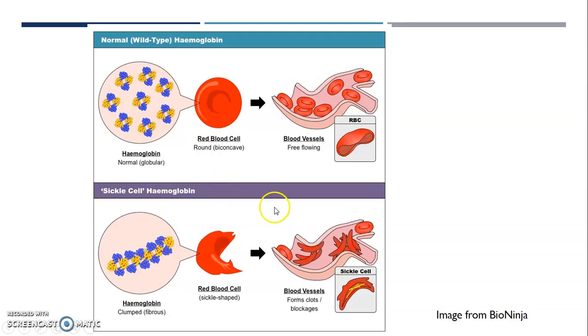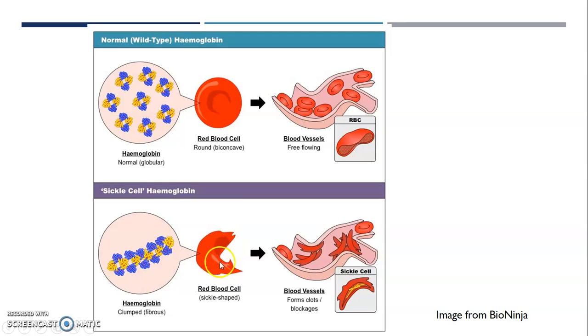Someone that has sickle cell anemia, their gene sequence actually changes just one base, which changes one amino acid, and it causes the hemoglobin to become clumped like this. Because of that, the red blood cell has this kind of sickle shape. It's not nice and round.